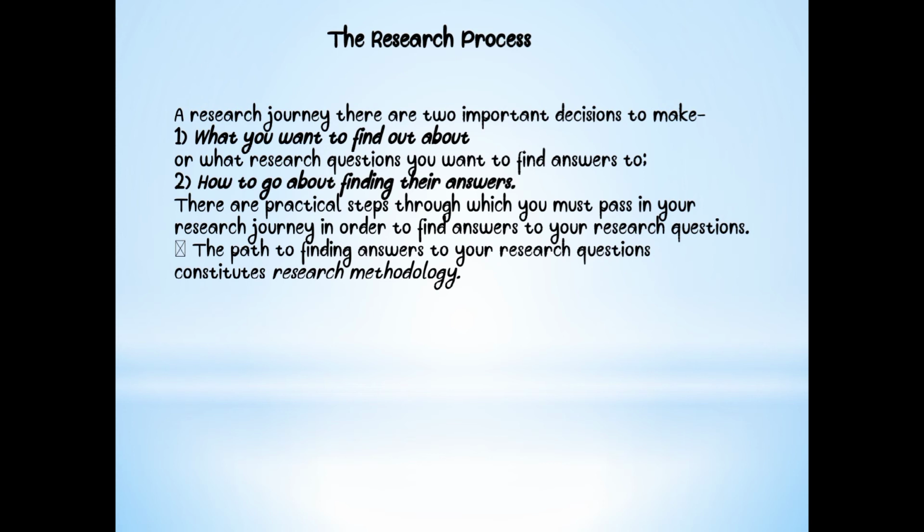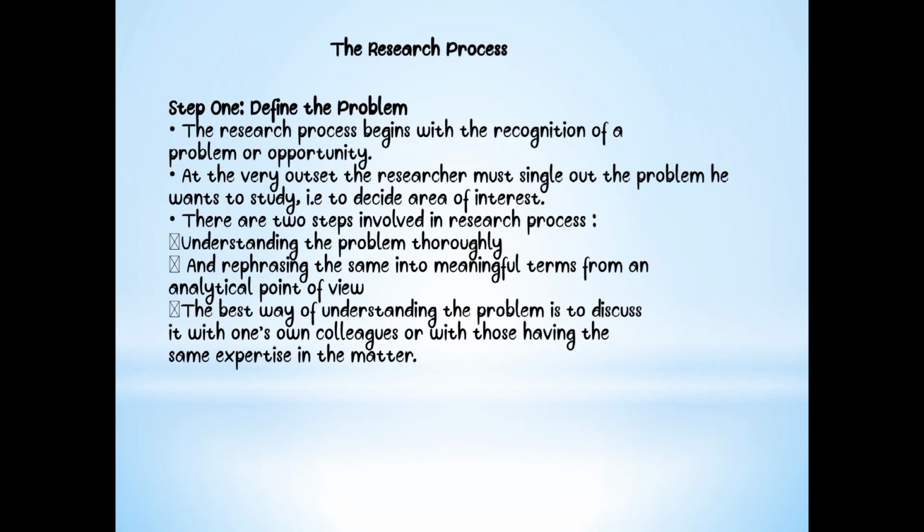Step 1, define your problem. The research process begins with the recognition of a problem or opportunity. At the very outset, the researcher must single out the problem he wants to study, to decide the area of interest.